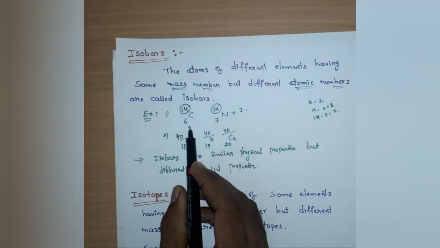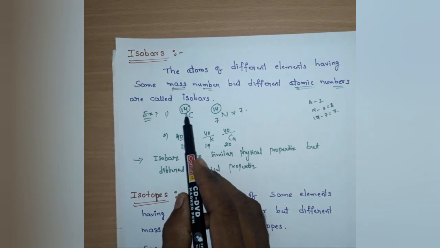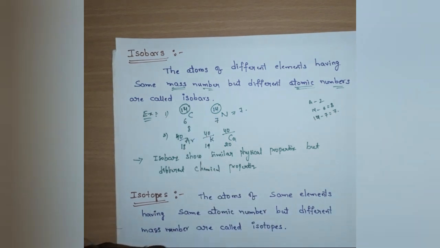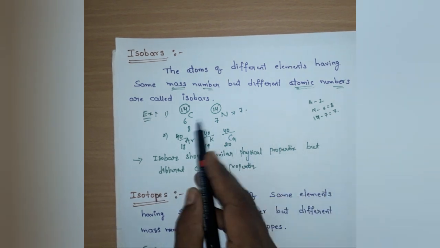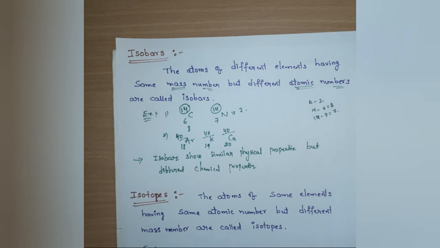If you observe the isobars, the mass number is the same. That's why isobars show similar physical properties, but they show different chemical properties because the number of electrons differs from one to the other.